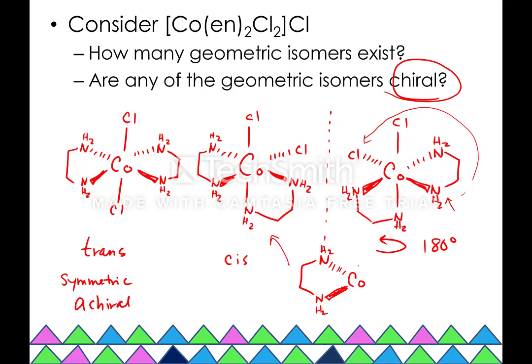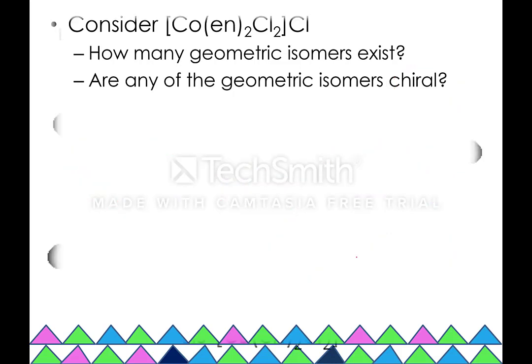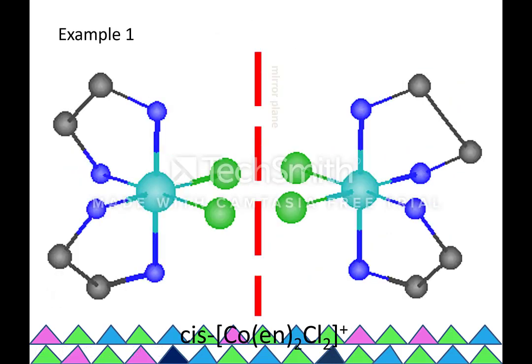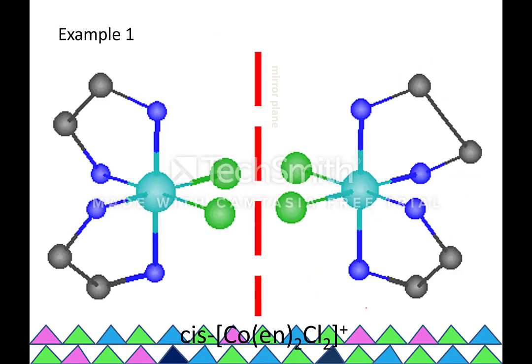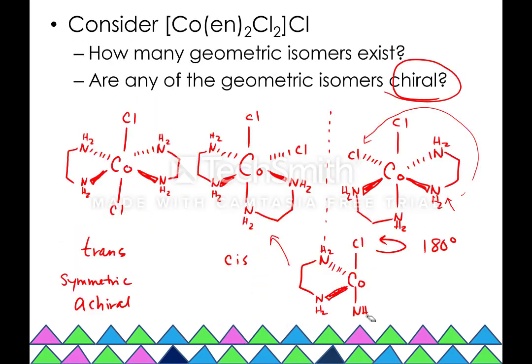But then we need to look at the other side. So the chlorine is going to stay the same up top, and we have our NH2. This one out here in the front is going to end up right here.